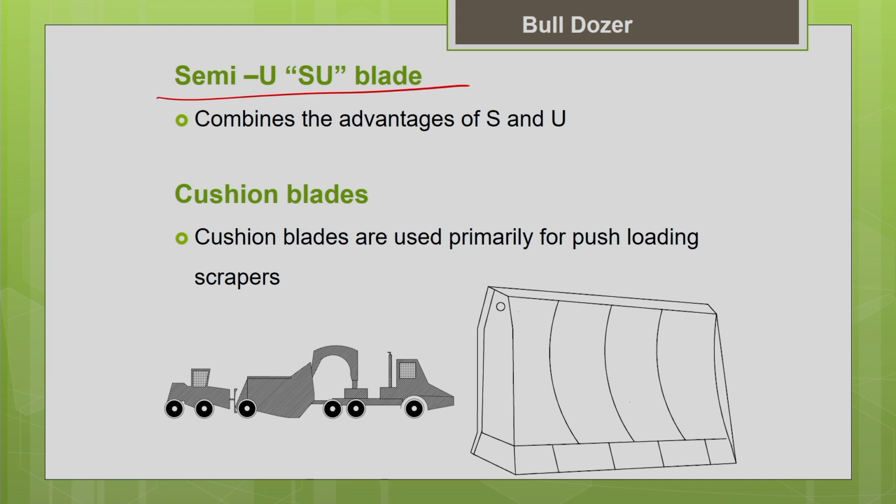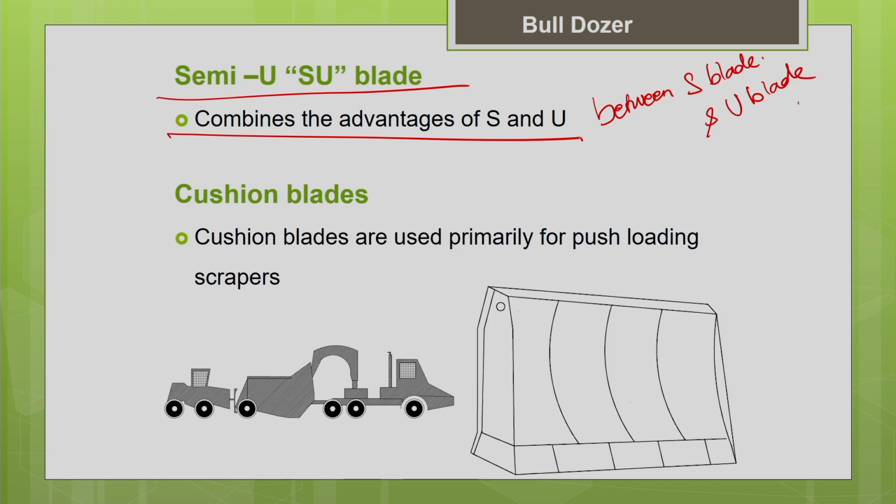It is something between the straight blade and the U blade. That means its dimension is bigger than the S blade but smaller than the U blade. Similarly, cutting ratio is lesser than the S blade but better than the U blade. So you have to make the choice according to your requirement.